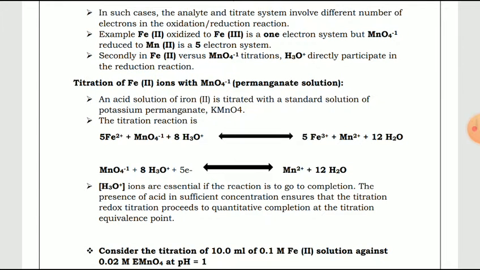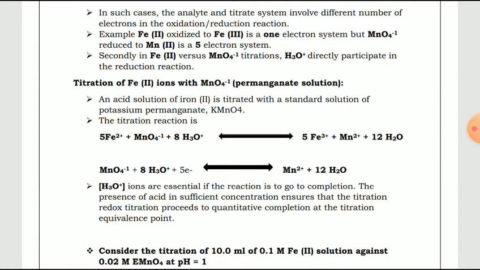In this case, we are going to consider the titration of 10 ml of 0.1 molar Fe2+ solution against 0.02 molar KMnO4 at pH equal to 1. The concentration of the ferrous solution is 0.1 molar, as in the previous example also. That means up to the equivalence point of this system, all the calculations will be the same as in the previous example.